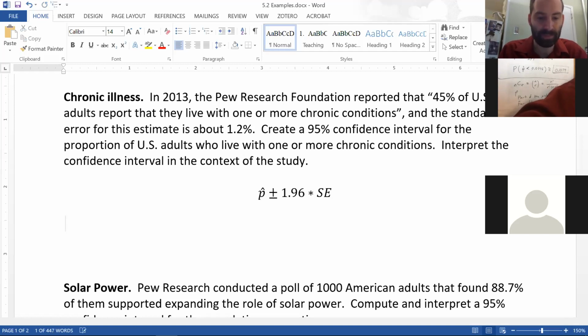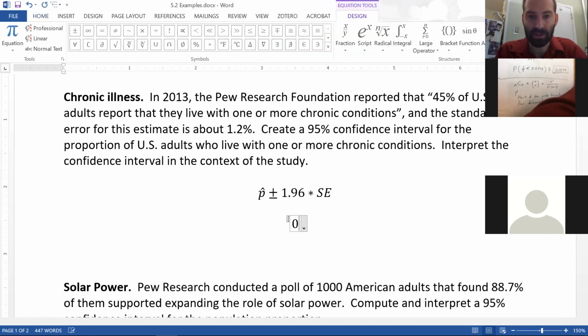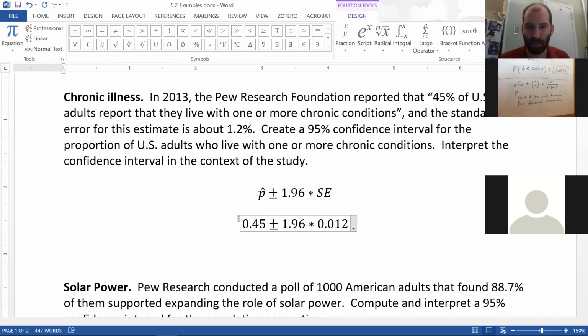So we're going to do plus or minus 1.96 times the standard error, and they gave us the standard error. So it's going to be 1.96 times 1.2. Oh, that's a percentage. We got to convert it to a proportion, 0.012, all right, as a proportion. Be careful to do that.